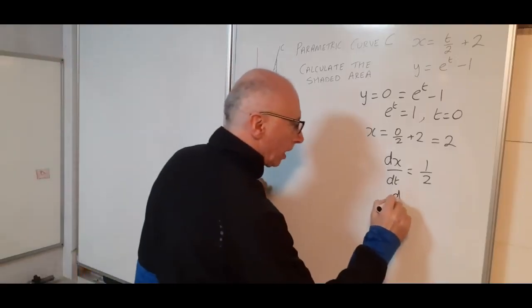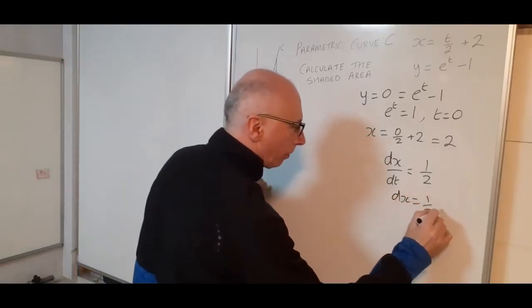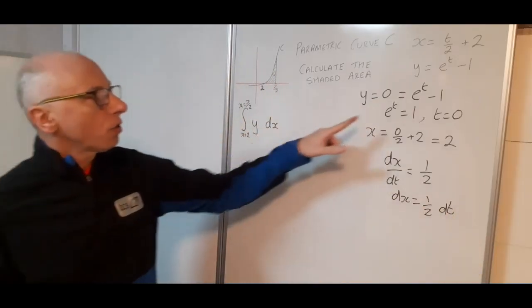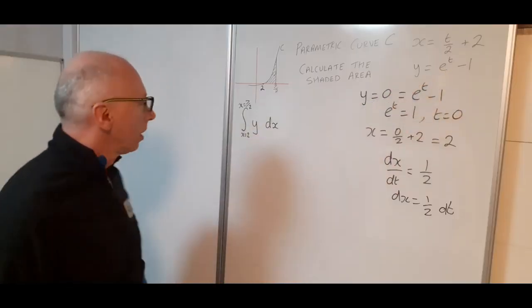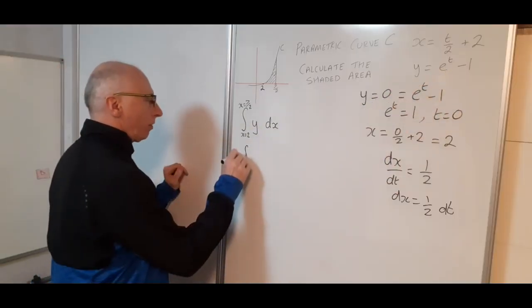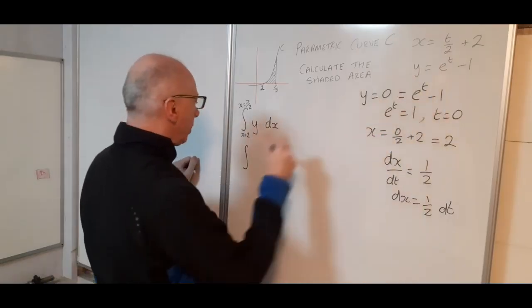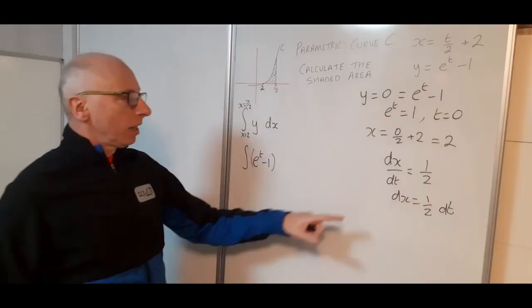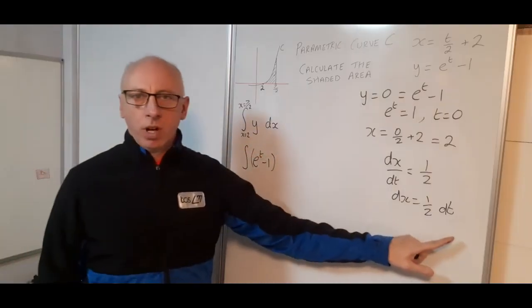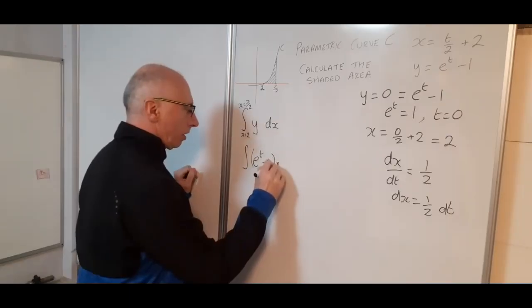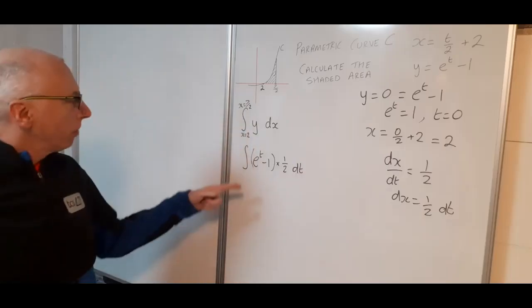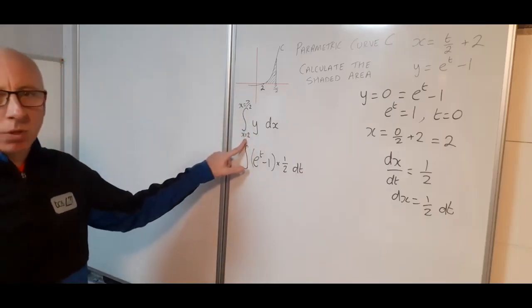So therefore dx equals 1/2 dt. So that takes care of that. Y is already defined in terms of t. So let's go for that. So y, e to the t minus 1, close brackets, dx, that's 1/2 dt. So times 1/2 dt.